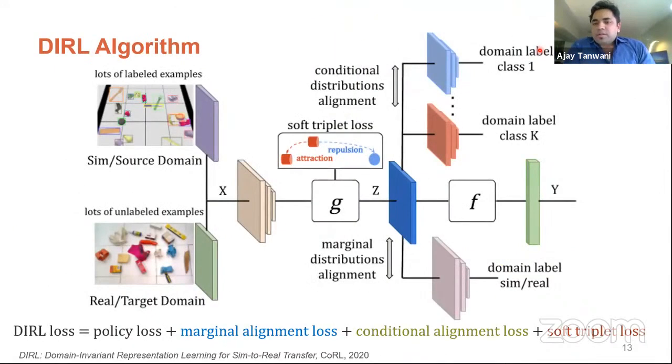The overall algorithm optimizes 3 additional loss functions on top of the policy loss. One is the marginal alignment loss, which is optimized with adversarial learning by using a domain discriminator to distinguish between source and target examples. The conditional alignment loss is also optimized with adversarial learning for each class separately by using a few labeled target examples and predicting pseudo labels for the unlabeled target examples if required.